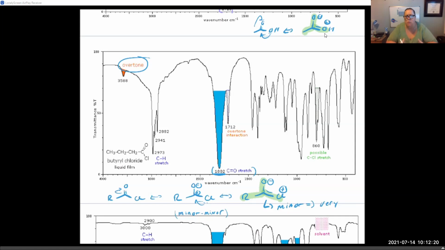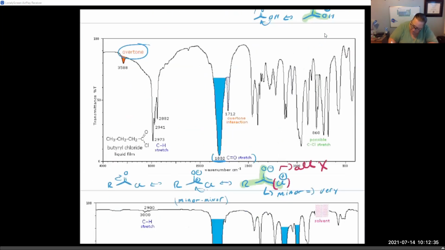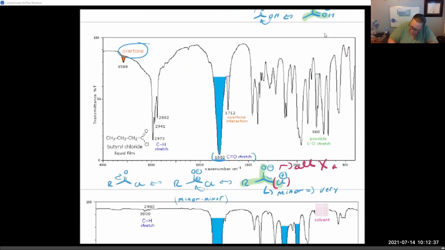And so why do we see such a difference between the carbonyl stretch here? This halogen, all halogens, are very unstable as a halonium.